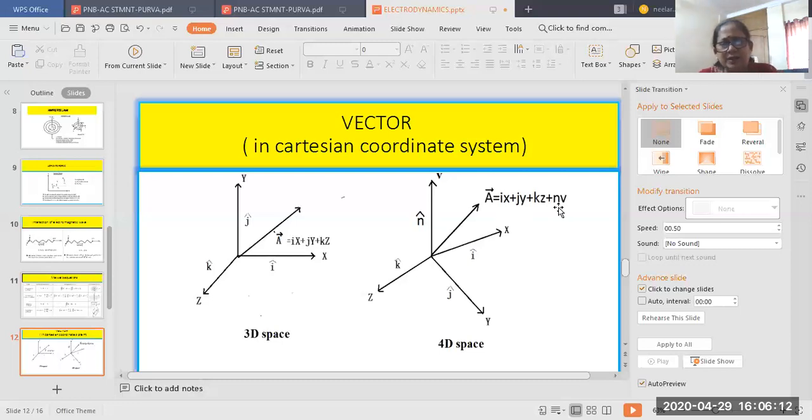I can write this as ix plus jy plus kz plus nb. If I absorb i inside x, then this is simply vector x, this is simply vector y, this is simply vector z, this is simply vector v. Then naturally A will become vector x plus vector y plus vector z plus vector v. So that is a 4-dimensional vector.